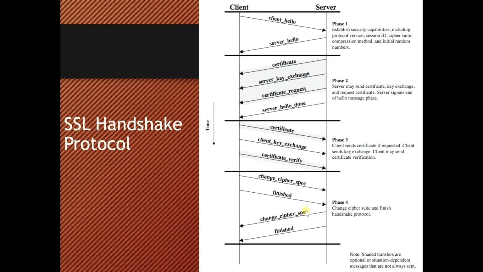Let us look into the initial exchange needed in order to establish a logical connection between the client and the server. This exchange between the client and the server can be observed as an exchange that occurs in 4 phases.